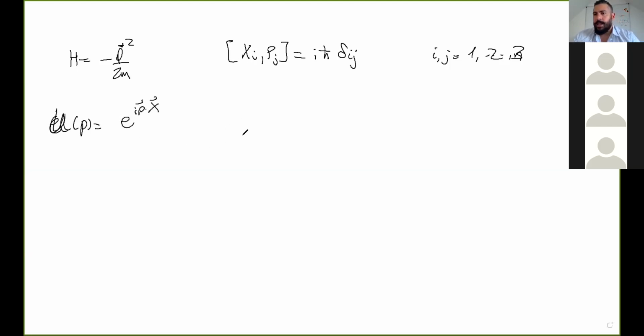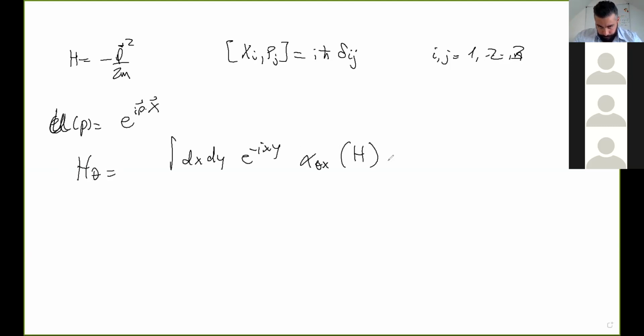And then I plug it in and I calculate what the deformation does. So basically I have the integral dx dy e to the minus ixy alpha theta x of h and u of y.